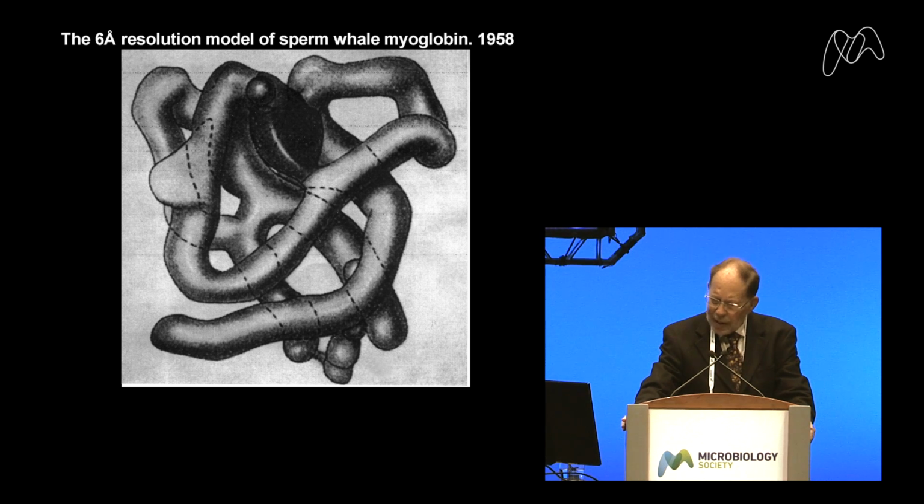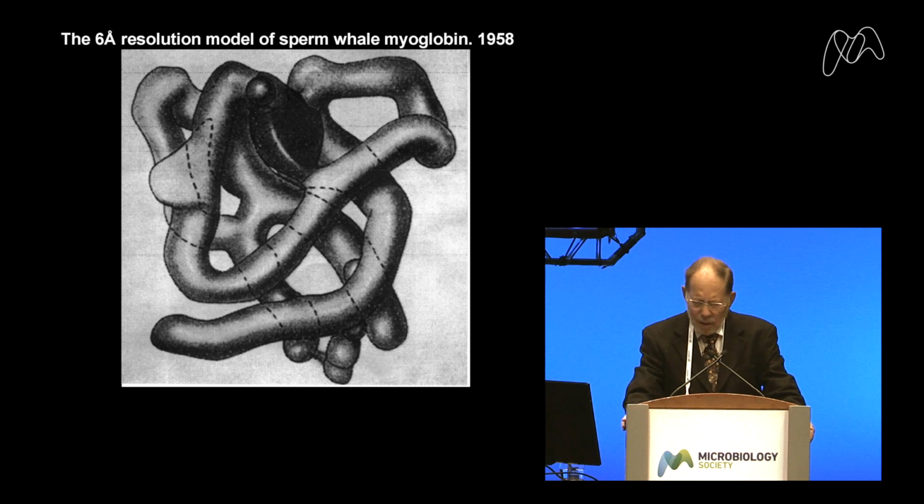But by the time I got to Cambridge, John Kendrew, who was a student of Perutz, had determined the structure of myoglobin at 6 angstrom resolution, and this is what you see here. And these sausages in this structure were correctly thought to be alpha helices, as had been predicted by Linus Pauling based on the structure of individual amino acids.